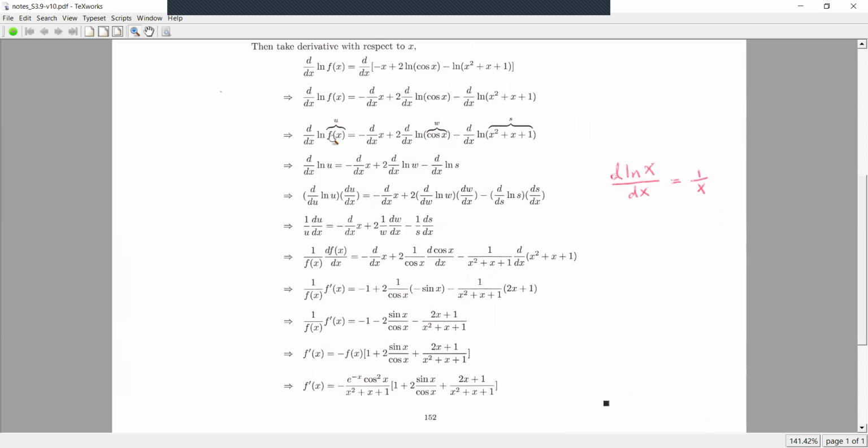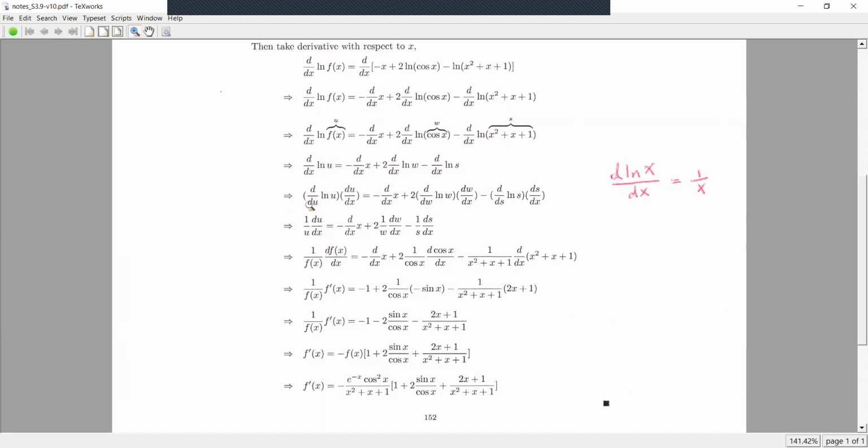I let u be f of x, w be cosine of x, s be x squared plus x plus 1. Then I have this equation. To compute the derivative of natural log of u with respect to x, I need the chain rule.